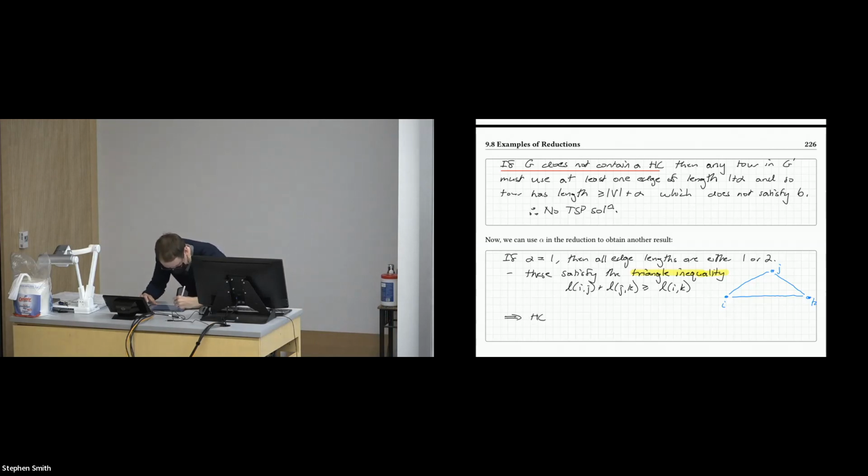So Hamiltonian cycle reduces to TSP with triangle inequality.